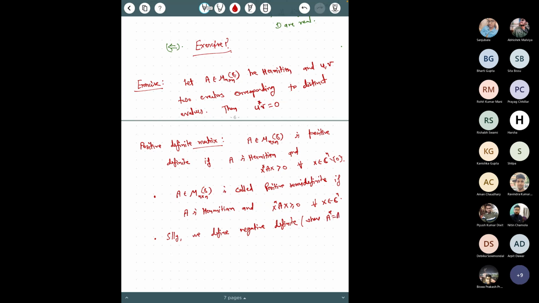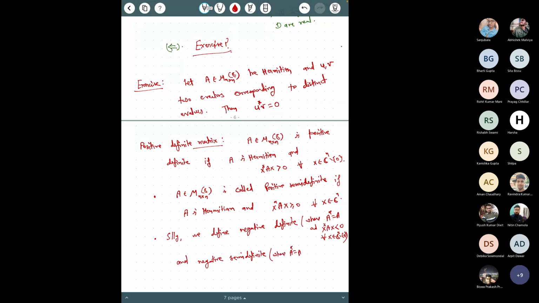And we can also talk about negative semi-definite. Negative semi-definite means A star is equal to A and x star Ax is less than or equal to 0 for all vectors x in Cn.